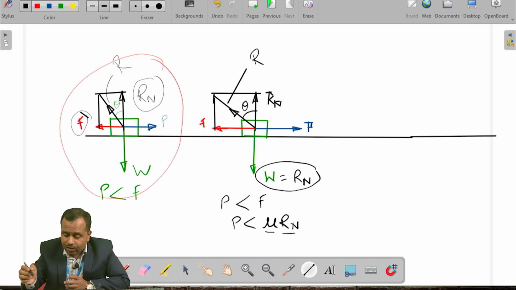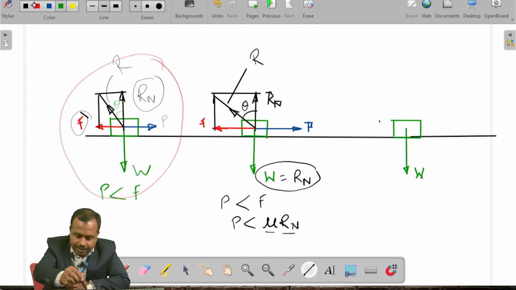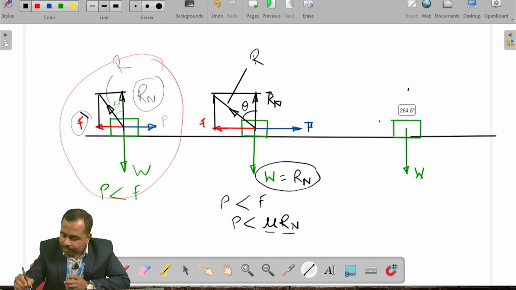So once again, on the same flat surface, I will simply keep a box and an object. Consider the same object, its weight W is acting vertically downward side. The reaction offered by the plane again acts vertically upward side.